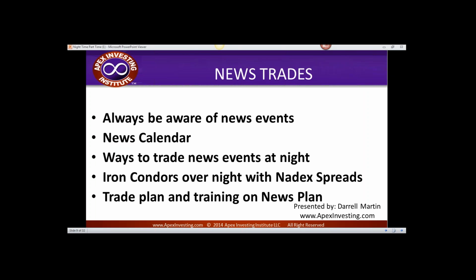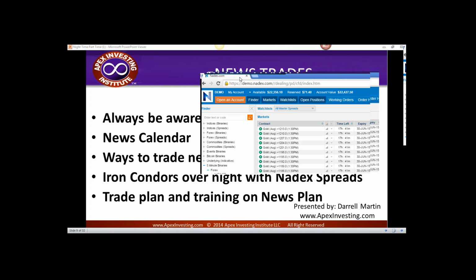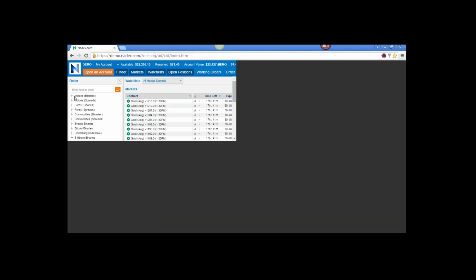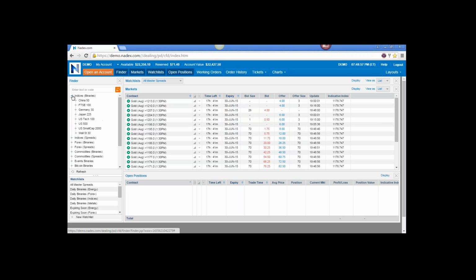Let's see here. What was the other stock index you mentioned? German DAX? Yes. Let me pull it back over here. If you're looking on the Nadex platform, under indices, it doesn't matter whether you're looking at binaries or spreads, these bottom four are the US indices.